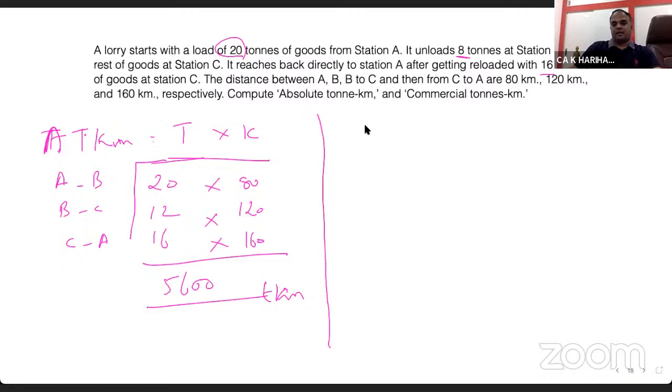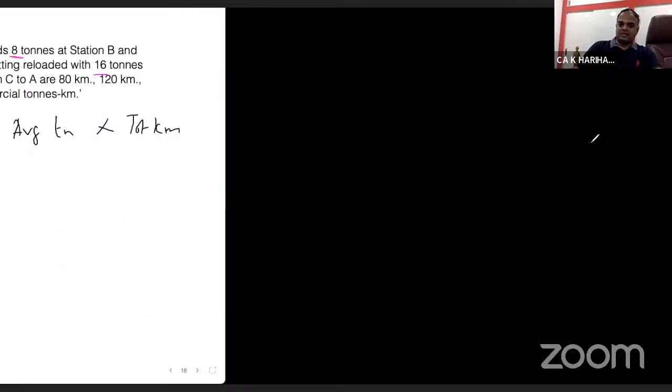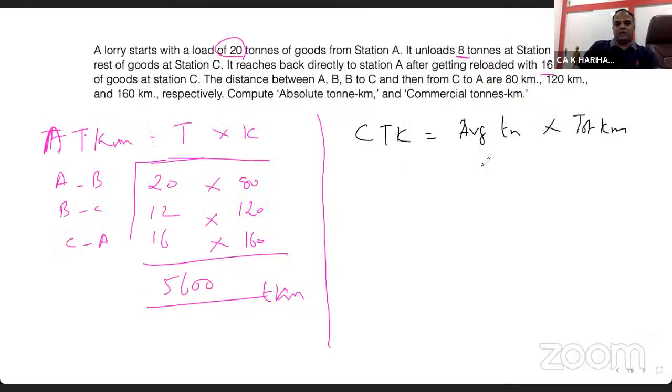Next, commercial ton kilometer. Formula for commercial ton kilometer: average ton into total kilometer. Just write the formula. What about the average? Simple average: 20 plus 12 plus 16 divided by 3 is the average.